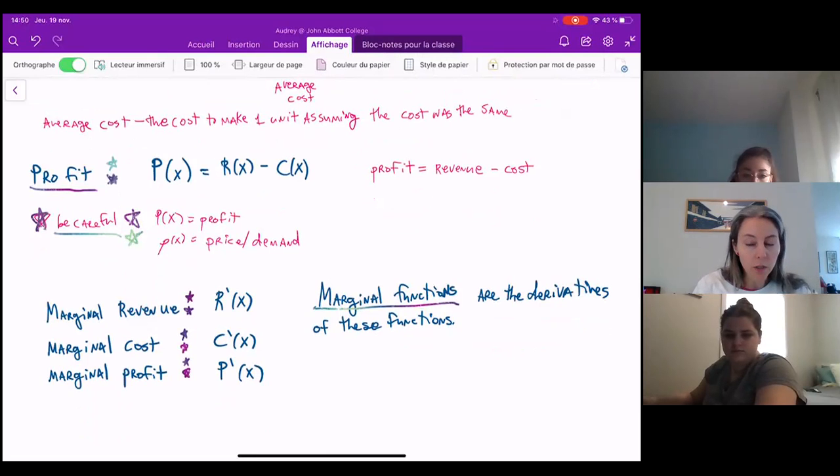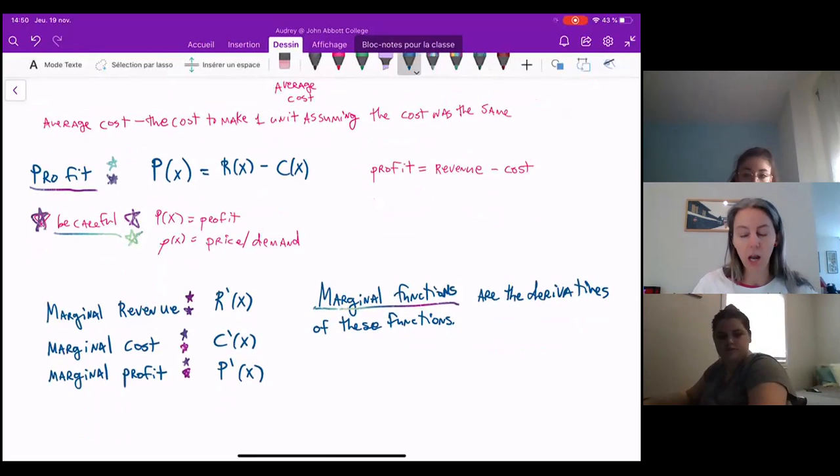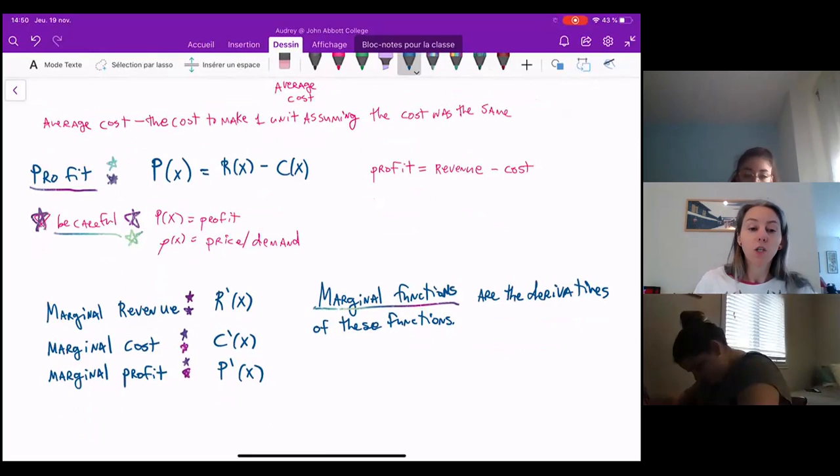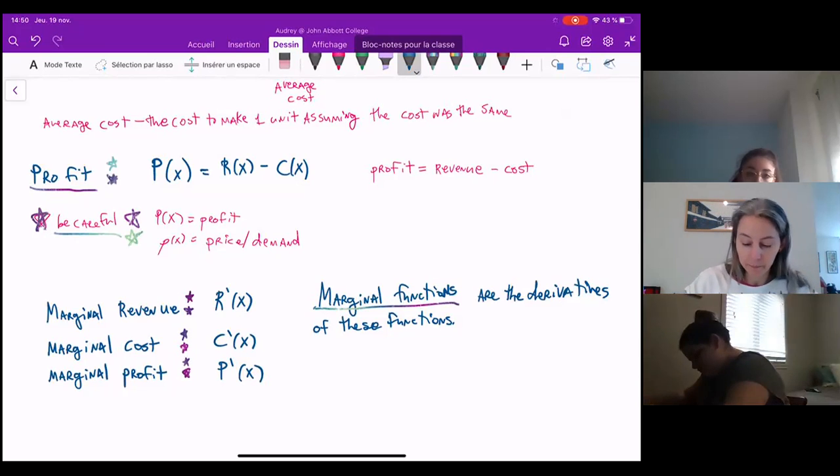So in other words, a derivative is telling me the slope of a function. It's telling me how fast that function is changing. So what that means about these marginal functions is what they're telling me is how much revenue would change, how much cost would change, how much profit would change if we increase the number of units just by one.